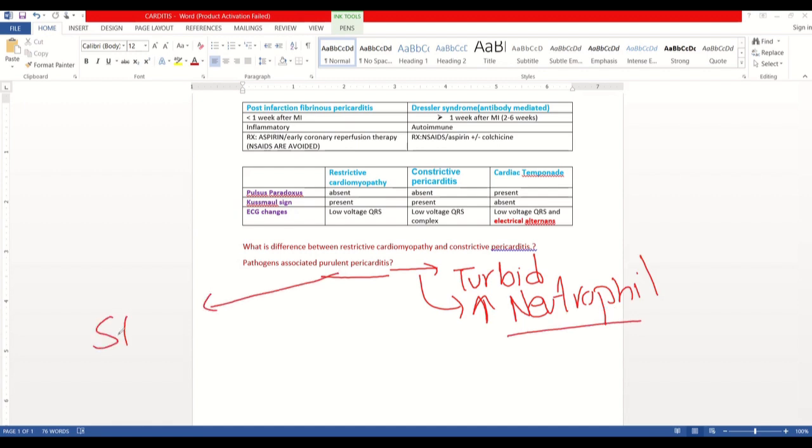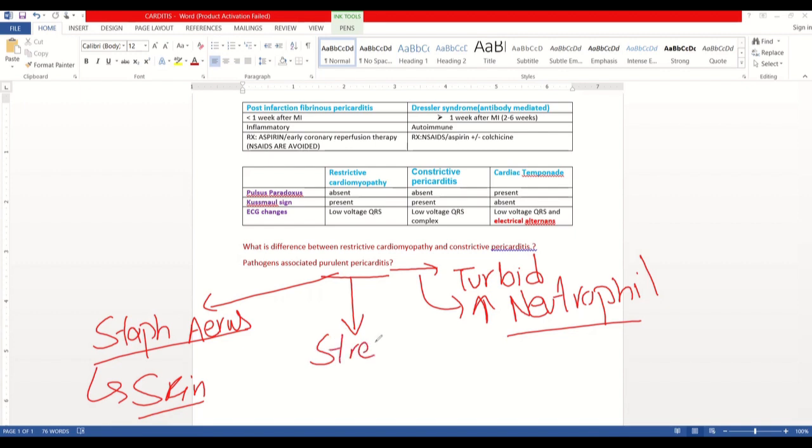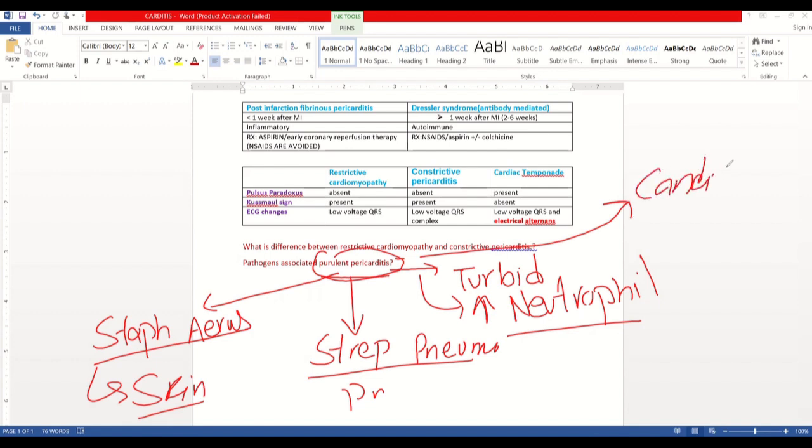Its most common organism is Staph aureus, due to skin infections, and Strep pneumo in case of pneumonia. Purulent pericarditis may also occur due to Candida, a fungus, particularly in immunocompromised patients, right?